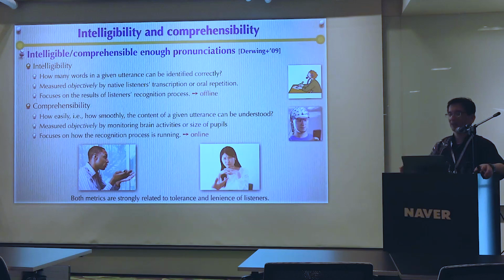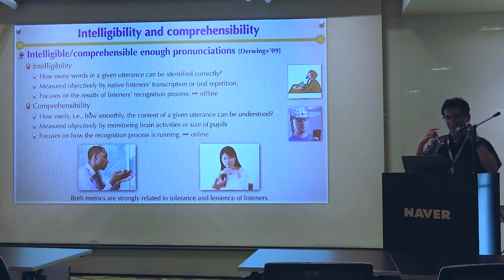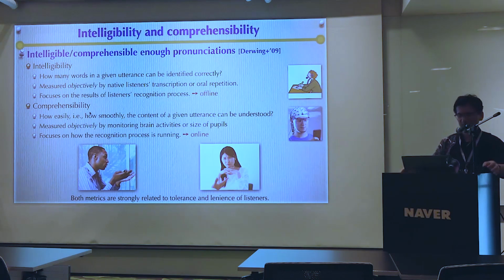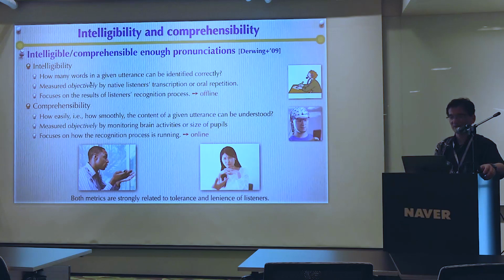In our case, listeners cannot wait, so online intelligibility is one approach to interpretation. But comprehensibility focuses on listening, an online measurement of listening, so shadowability is somewhat more similar to comprehensibility than to offline intelligibility.